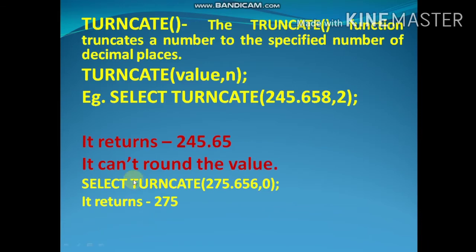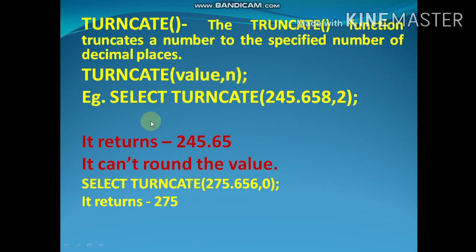Next one is truncate. The truncate function truncates the number to the specified number of decimal places. The syntax is truncate value, n. Here we give the decimal value and how many decimal places you want.